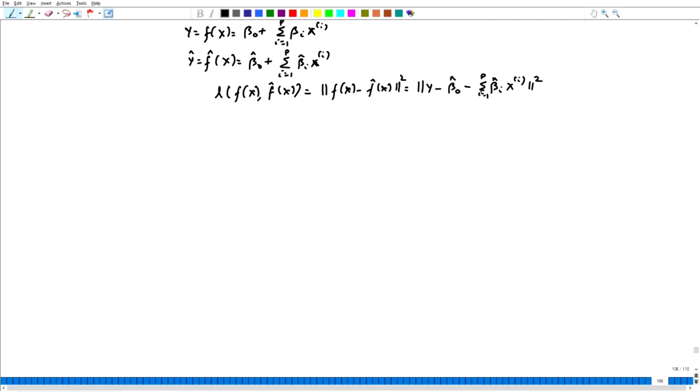So the task that we have is to minimize the summation over i equal to 1 to n of the norm of yi minus beta naught hat minus the summation over j equal to 1 to p of beta j hat x j, squared, over beta naught hat up to beta p hat.